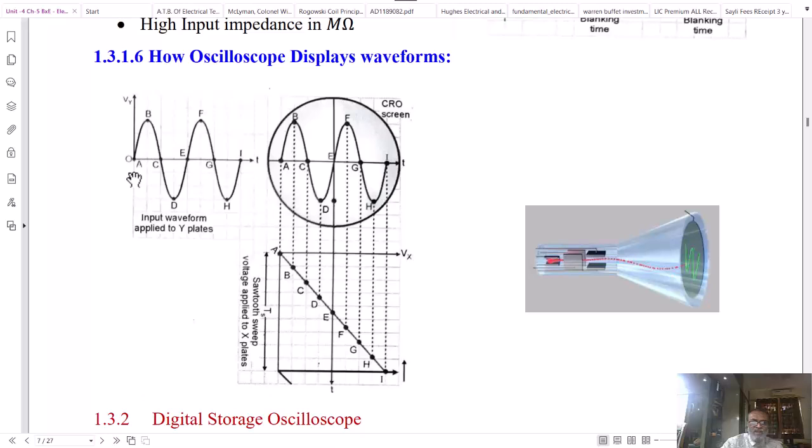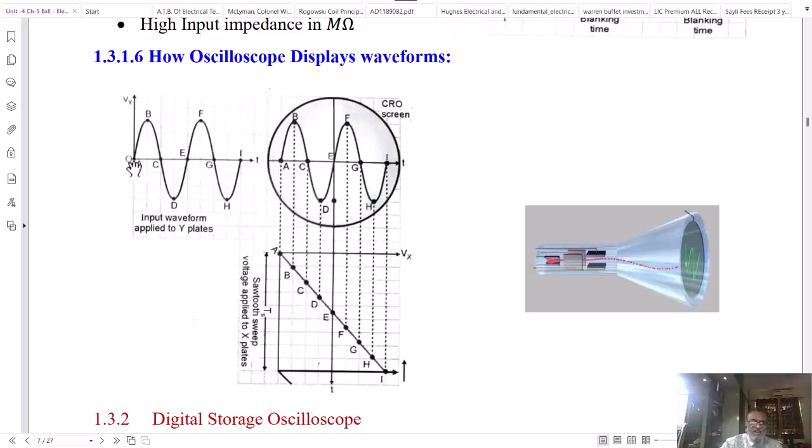Now, whenever the input signal changes to point B, at that time the triangular wave signal or ramp signal also reaches point B, and therefore the signal will be tracing the point B. In between A and B, the continuous signal will be traced.